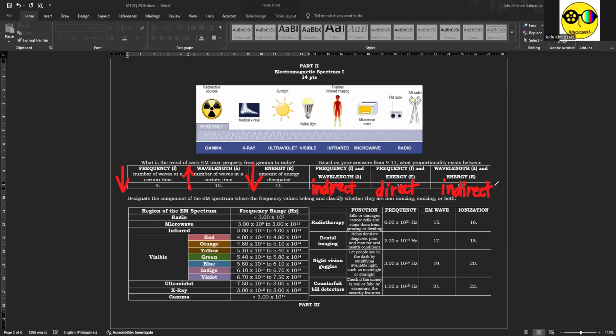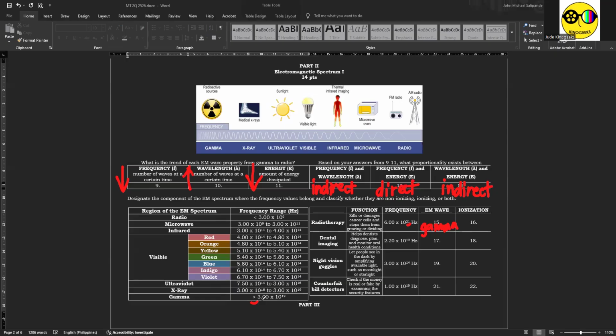In operation, the frequency reaches 6 times 10 raised to the power of 21 hertz. So the electromagnetic wave emitted by radiotherapy is actually gamma, because as you can see, its exponent is 21. And for gamma, all values must be greater than 3 times 10 raised to 19 hertz.